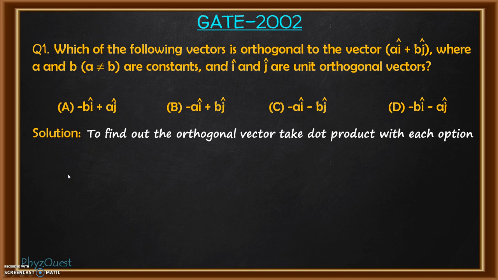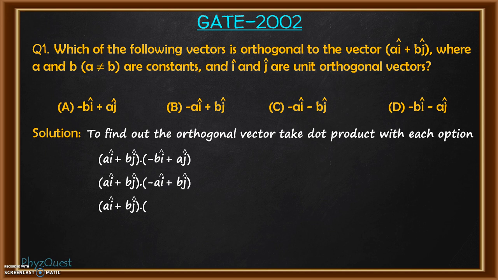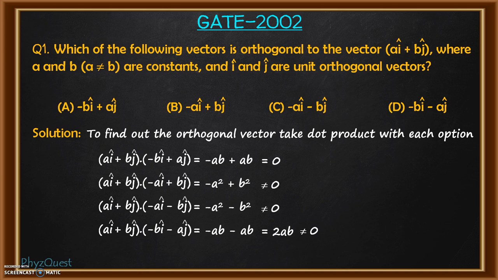When we take the dot product of a i cap plus b j cap with all four options, after doing the calculation, ultimately the first option gives the answer 0. Therefore, the vector given in option A is orthogonal to the given vector. That means the correct answer in this case is option A.